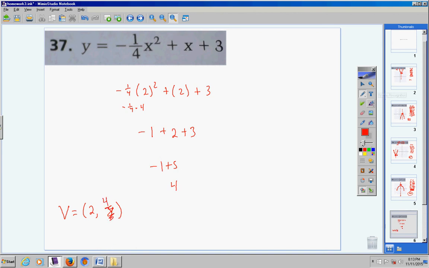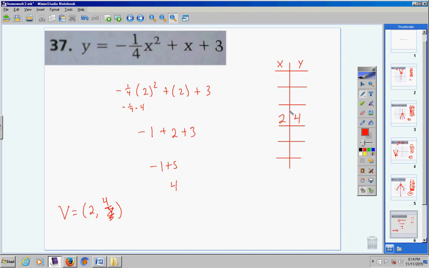Okay, so we're looking pretty good now. We can go ahead and draw our table of values. And right in the middle, we're going to put our vertex 2, 4.